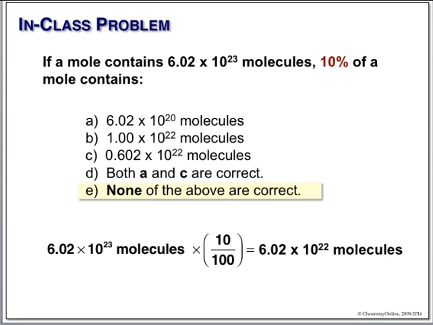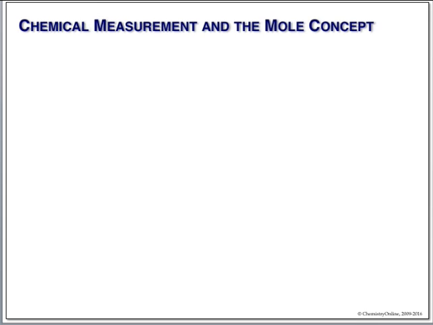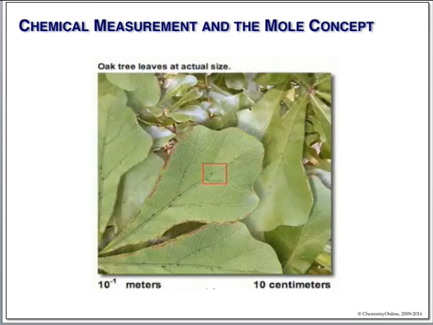Most people really can't conceive a number that large. So, let's start off with an oak leaf. And we're 10 centimeters above it. What we're going to do is move out 10 to the 23rd places.